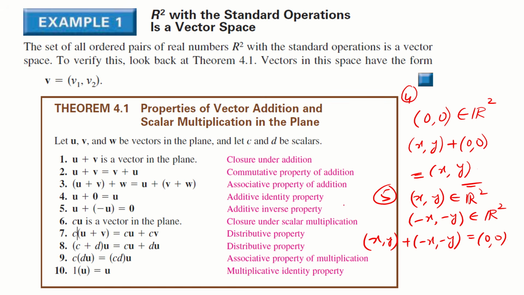So condition number 5 is also satisfied. In this case, negative of a vector means you have to change the sign of the components. So it means all alpha conditions are satisfied.